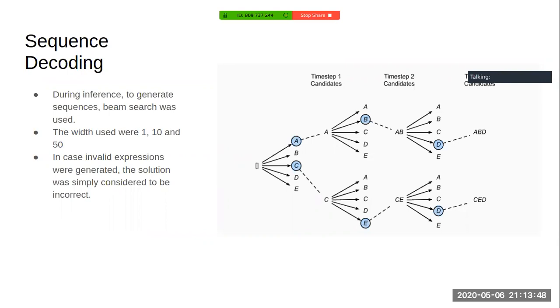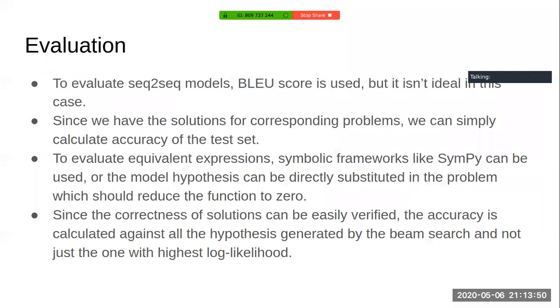To evaluate sequence to sequence models, we generally use BLEU score, but here we simply calculate the accuracy, since BLEU score is not really relevant here. BLEU is more relevant in natural language, where we can't really calculate accuracy since there are multiple possible forms of a single sentence.